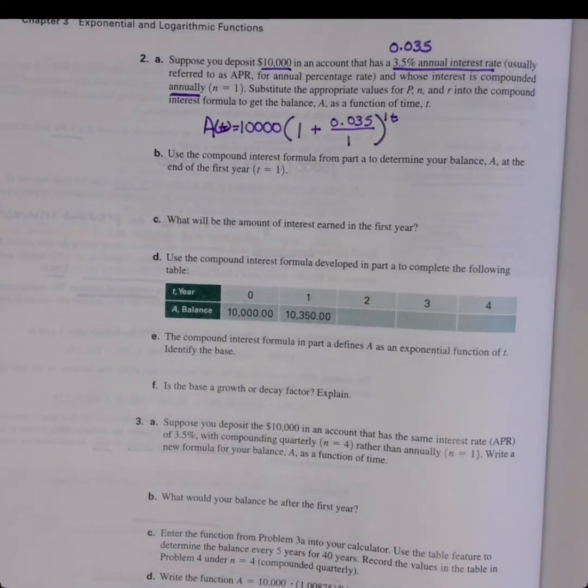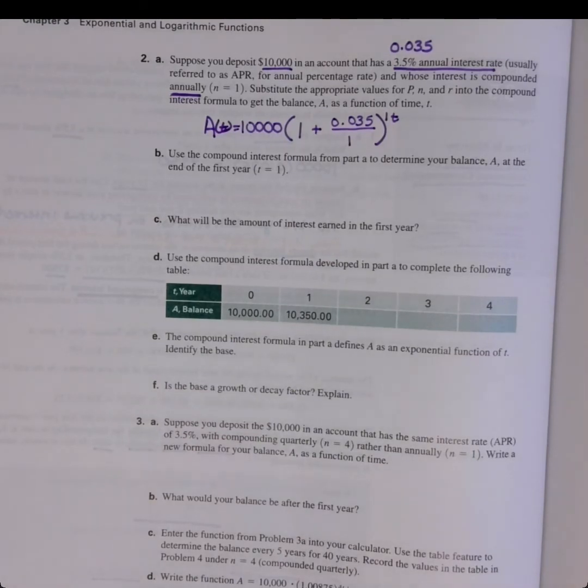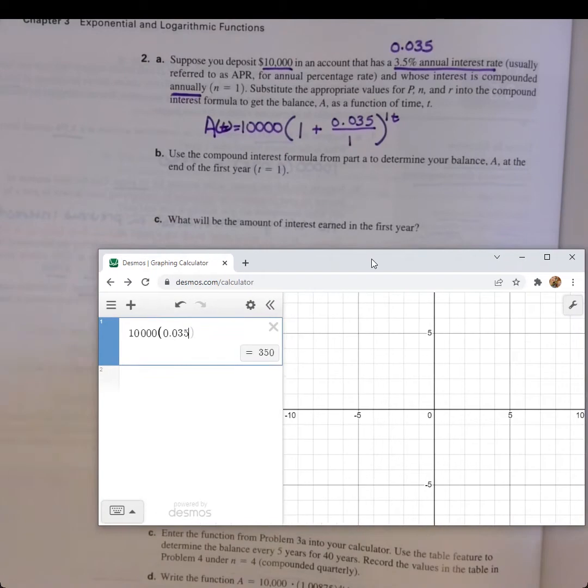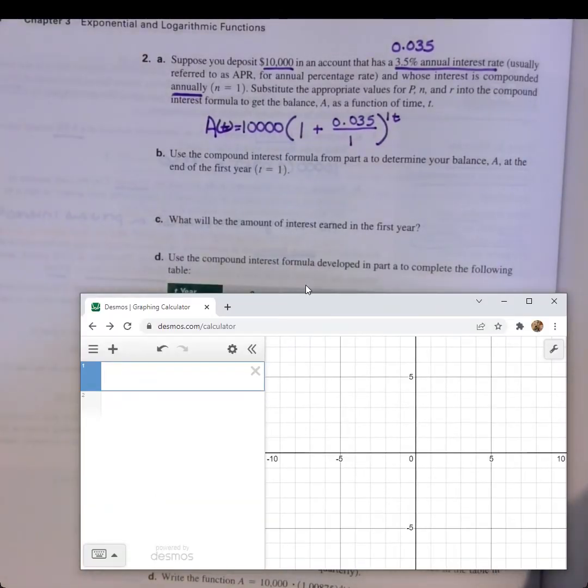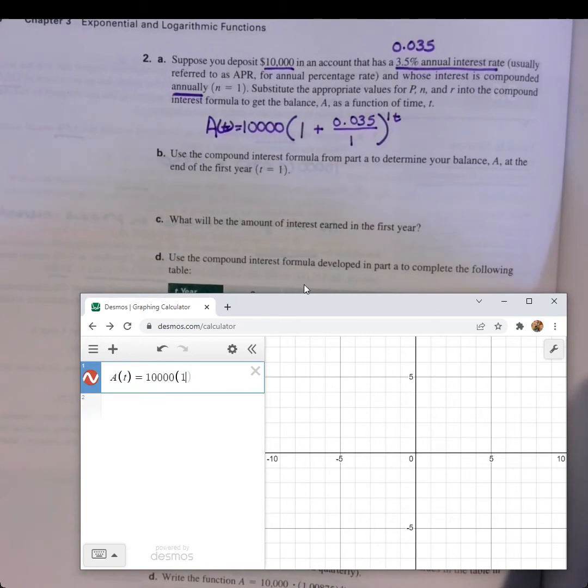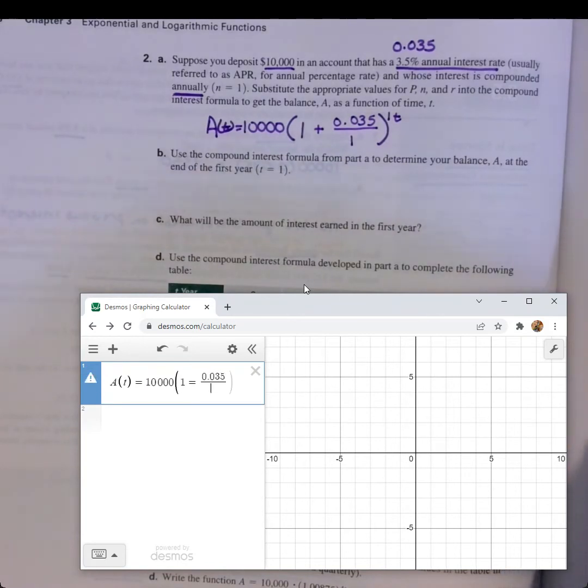Use the compound interest formula to determine your balance at the end of the first year. All right. So A of t equals 10,000 times 1 plus 0.035 divided by 1. That was supposed to be a plus. I hit the wrong key, or I didn't hit shift, I guess.